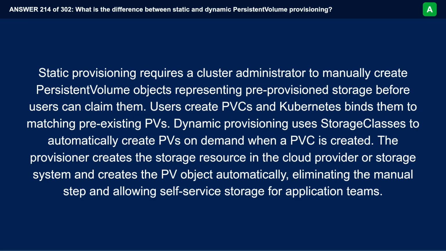Dynamic provisioning uses storage classes to automatically create PVs on demand when a PVC is created. The provisioner creates the storage resource in the cloud provider or storage system and creates the PV object automatically, eliminating the manual step and allowing self-service storage for application teams.